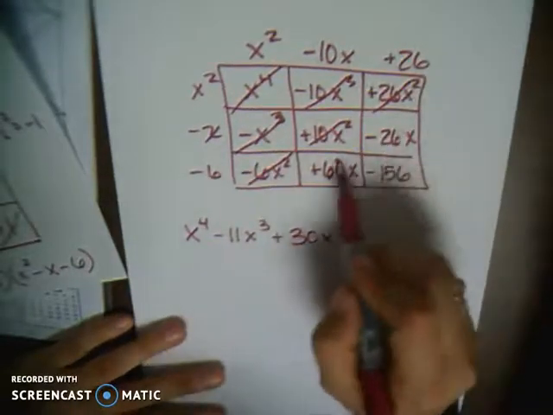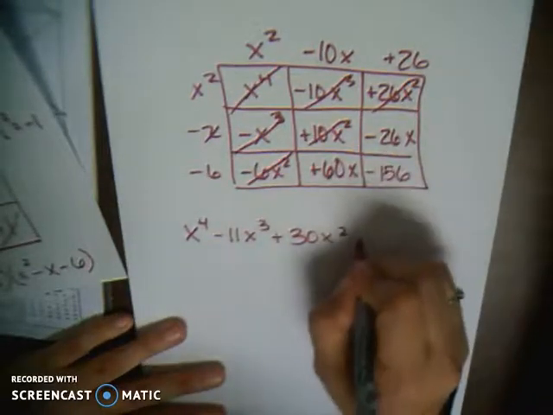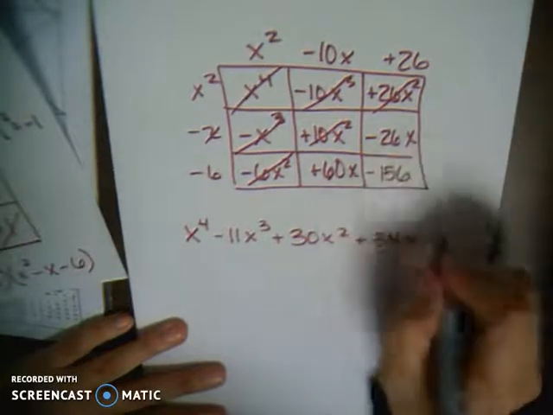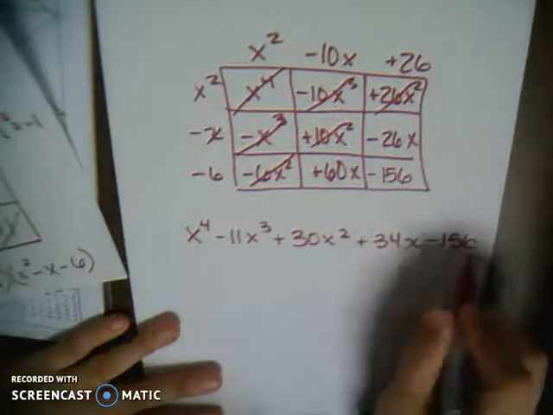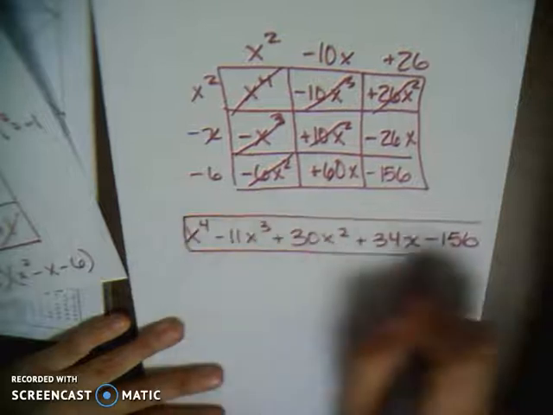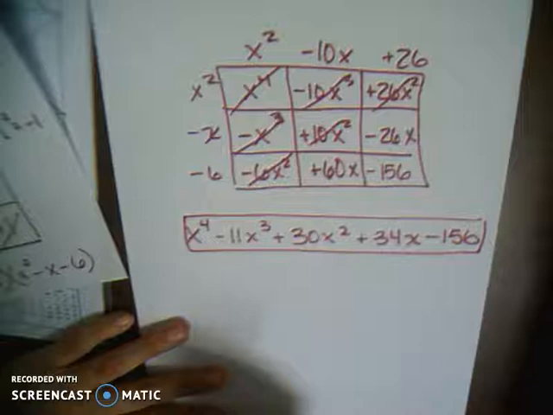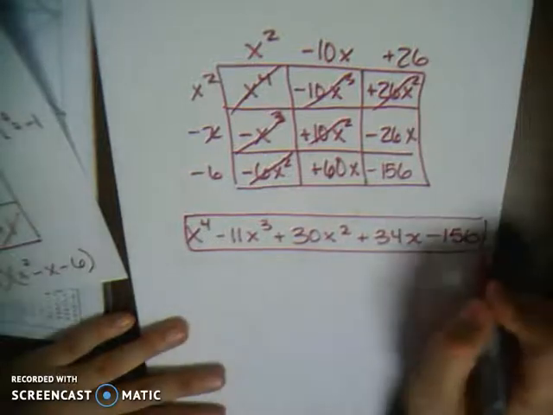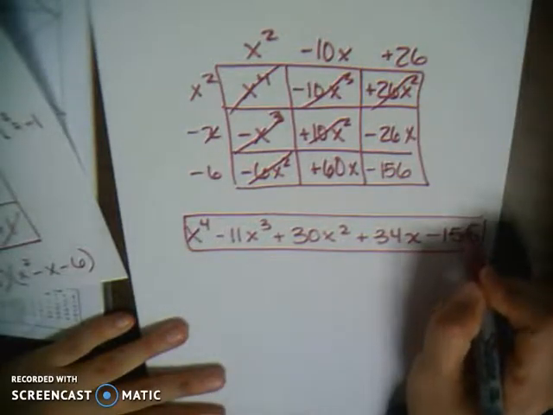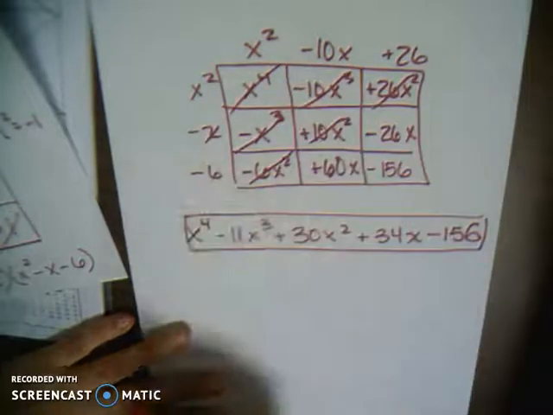And then 2 linear pieces, a positive 60 and a negative 26 makes a positive 34x, and then just 1 constant. And that would be our final answer for the polynomial that has those 4 zeros that were given to us. So this box method works really well and keeps everything nice and organized.